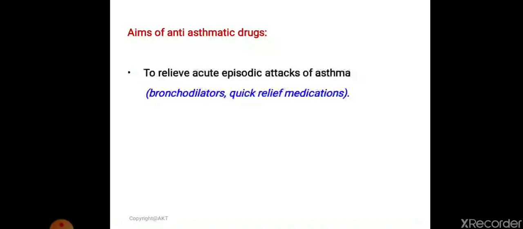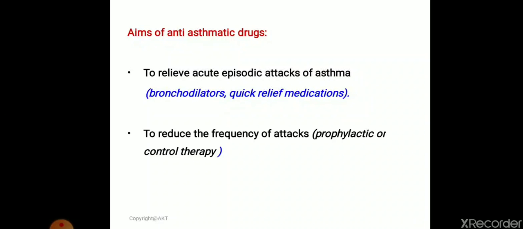When there is an asthmatic attack, the quick relief medication is always a bronchodilator, so that it can relieve the bronchospasm and breathing can be made easy for the patient. And second, to reduce the frequency of attack, that is a prophylactic or controlled therapy to prevent the attack of asthma. These are usually anti-inflammatory drugs because asthma is a chronic inflammatory disorder.